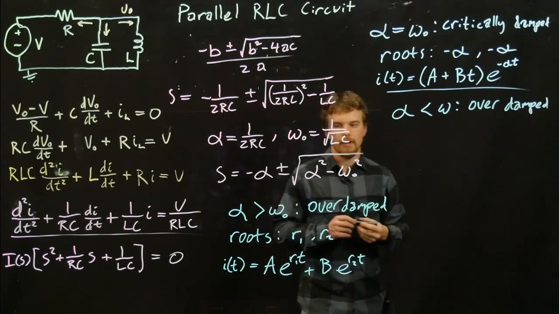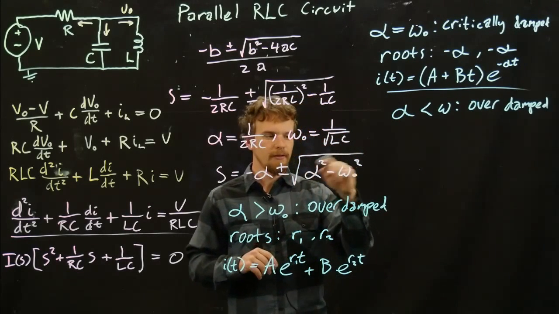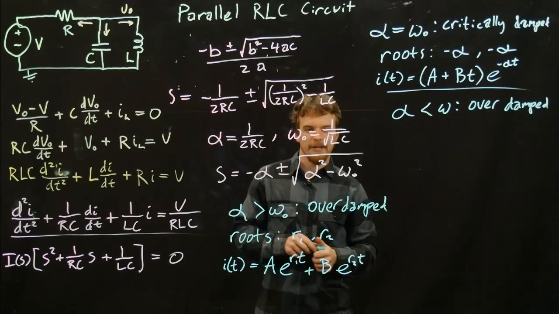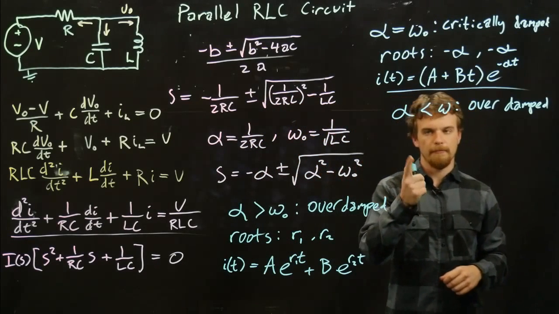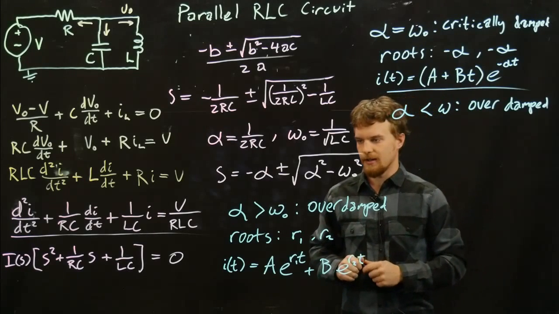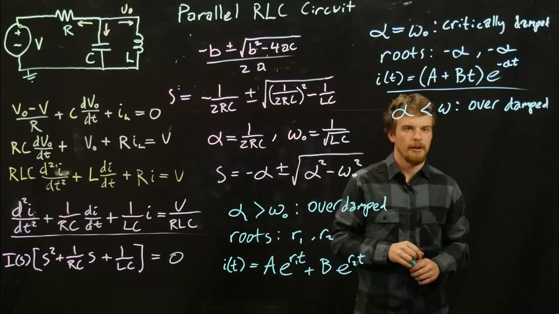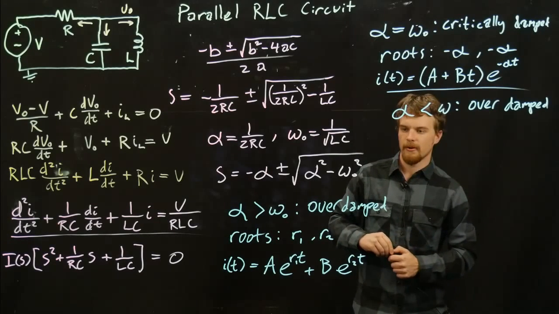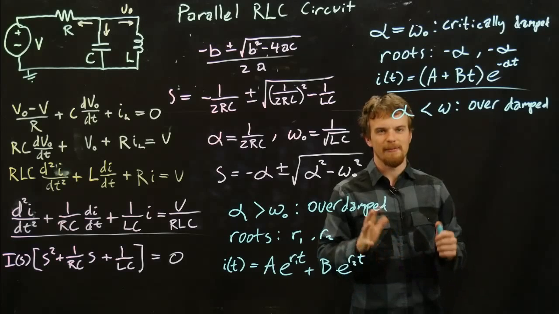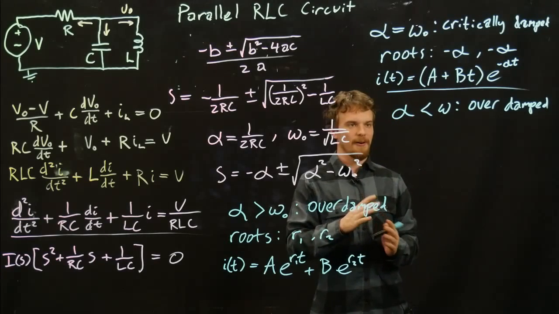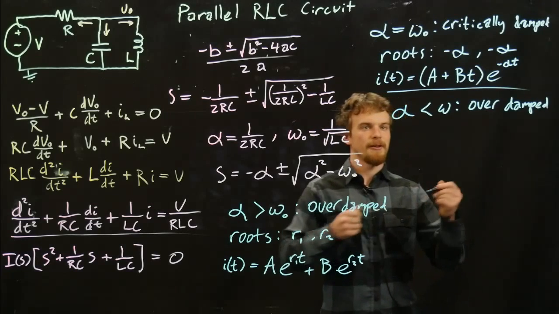Okay, so when alpha is less than omega, this term inside this square root is negative, and we say, oh no, we can't take the square root of a negative number, but we can, and it results in an imaginary term here. And I don't know, someone somewhere decided to call this imaginary. I don't like that name. They're not really imaginary. They just always occur in conjugate pairs and they cancel each other out. But anyways, we'll see what happens.